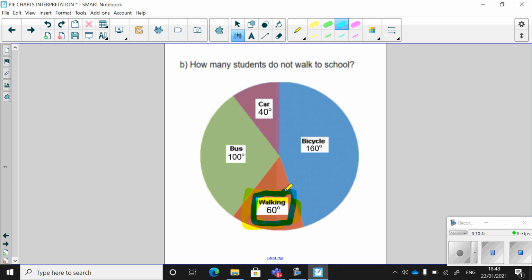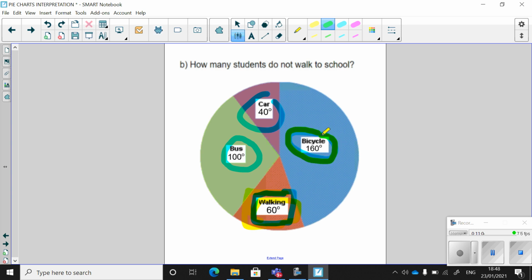That's how many are walking, 60, but it's do not. So just remember it's 360. So with 360, take away that. Or you can say, oh, just add that, add that, so you could add all three of those.